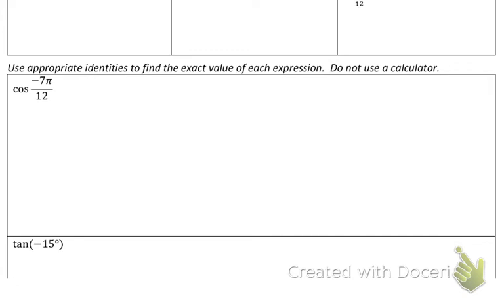It says cosine of a negative angle equals cosine of that same angle with a positive sign in front of it. So if that's an identity, I can do that anytime. Anytime I have cosine of negative 7 pi over 12, I can say, it'll probably be easier if I just do cosine of a positive 7 pi over 12. Because I'm allowed to do that. That's what the identity says. So now I don't have to deal with the negative.